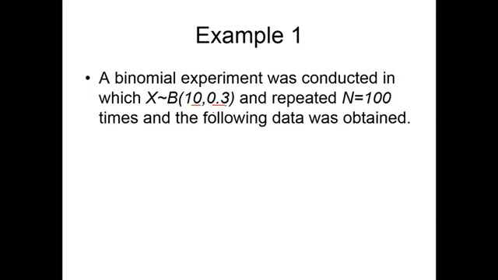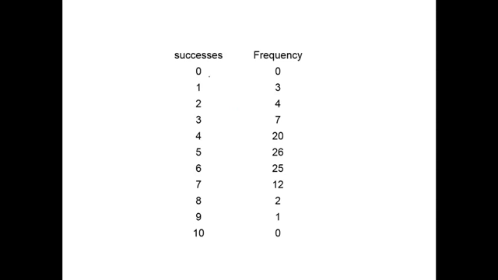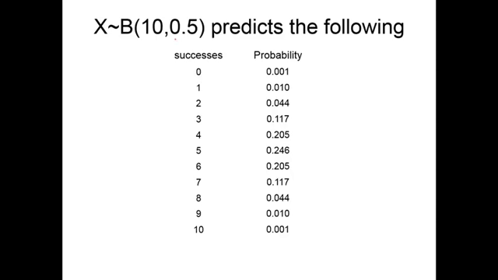I conducted an experiment, a binomial experiment with 10 trials and a probability of success of 0.3, and I repeated this 100 times. Okay, and so I obtained this data here, and again, the probability of success p was 0.3. Okay. I then took this and I fiddled with it.